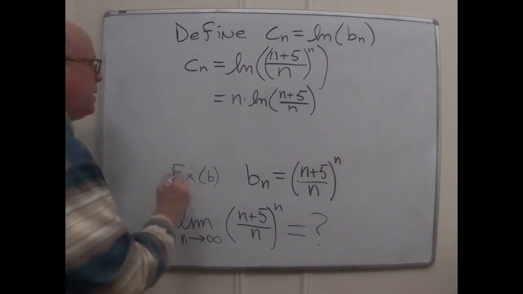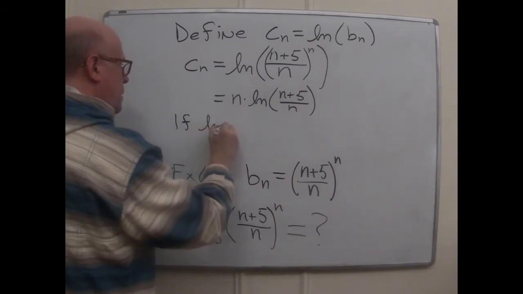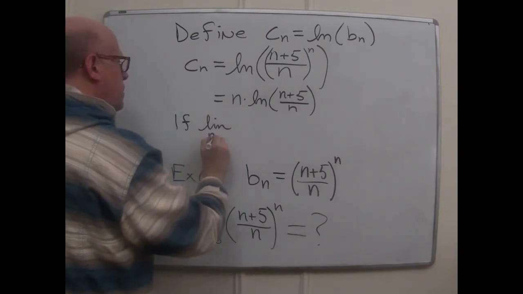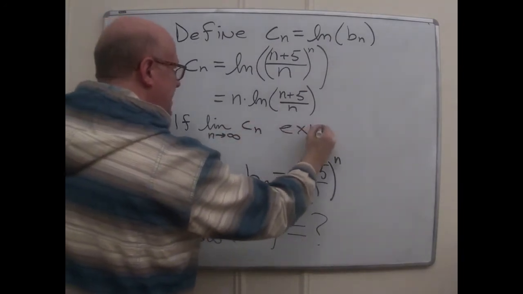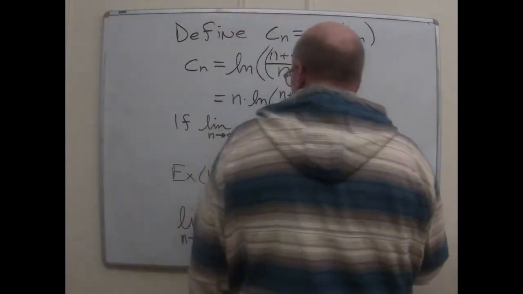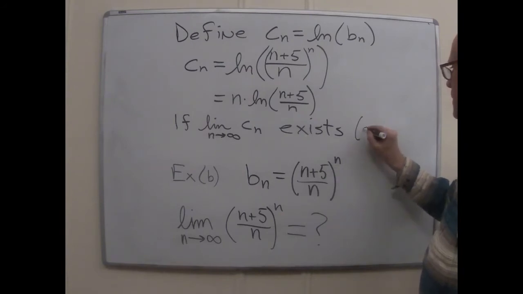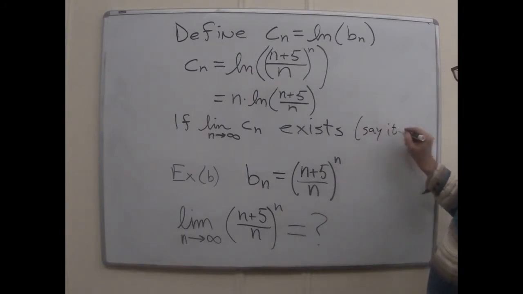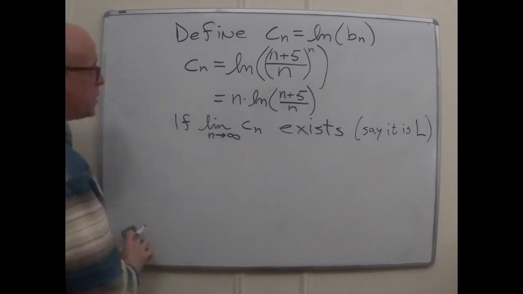So that is, if the limit as n goes to infinity of c sub n exists, you want to give a name to it, we're always using L for limits, so let's use L again, say it is L. Then I can figure out what the limit of my original sequence was.